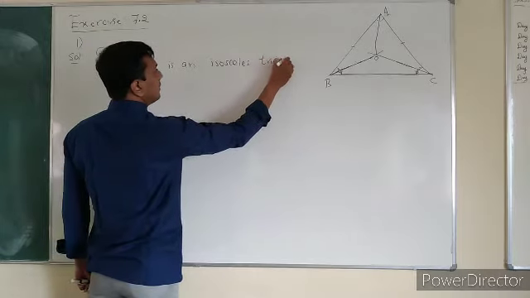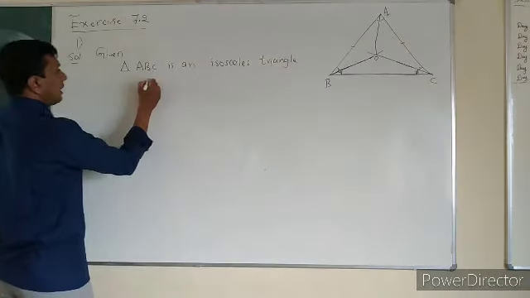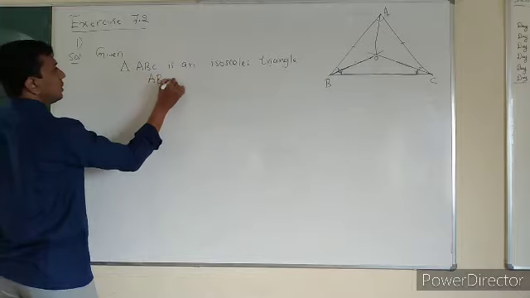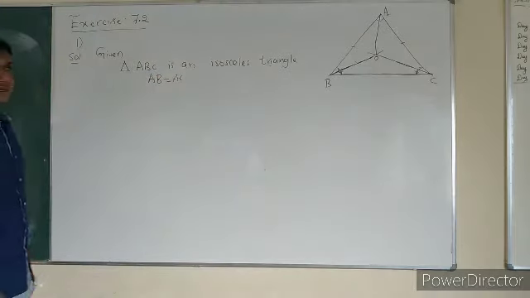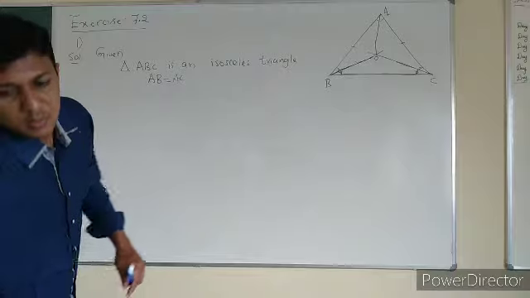Isosceles triangle, and AB is equal to AC.